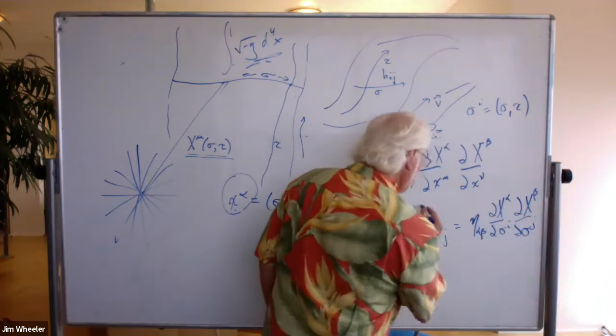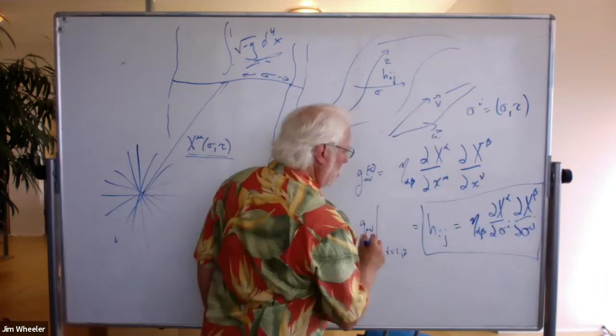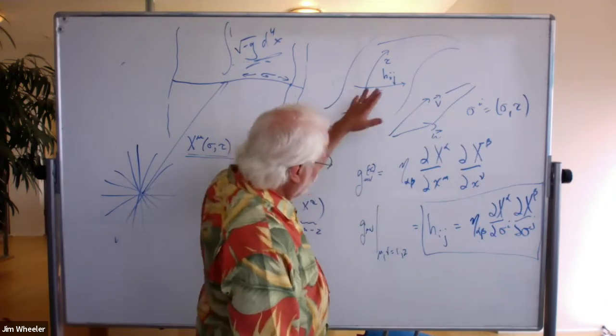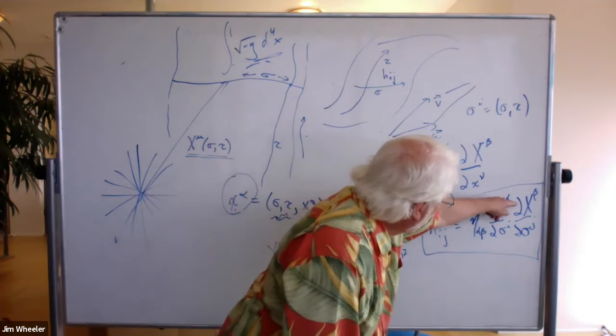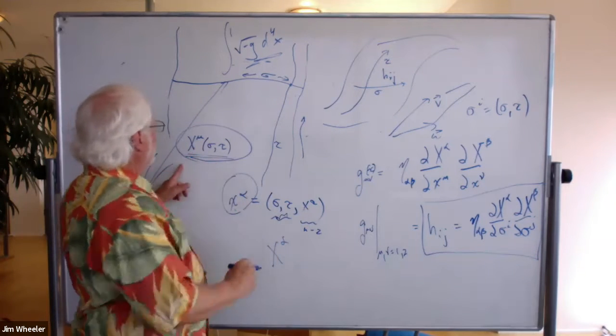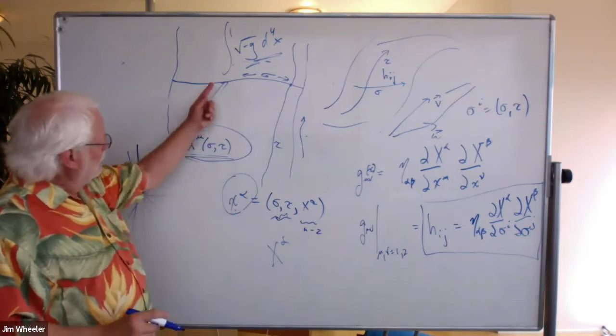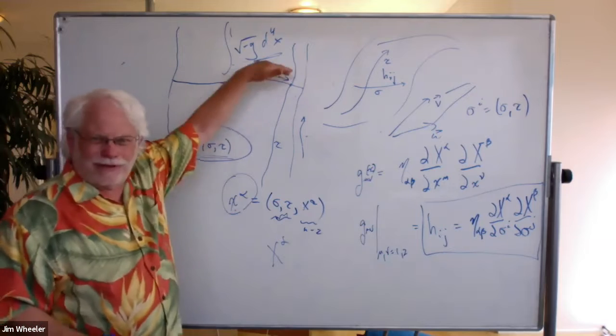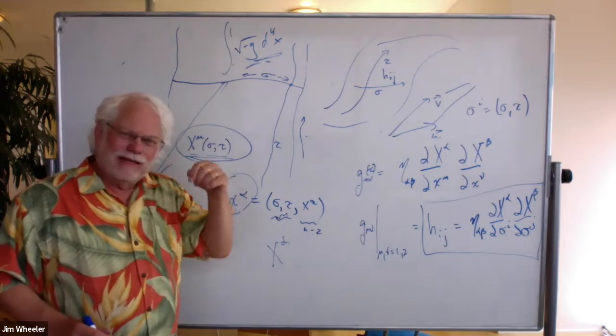And now we have the metric on our world sheet in terms of partial derivatives of the coordinates of the Cartesian coordinate position vector of the string.